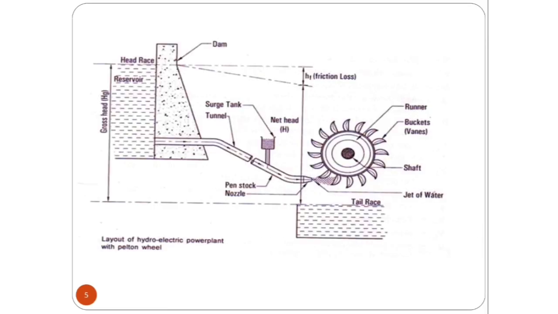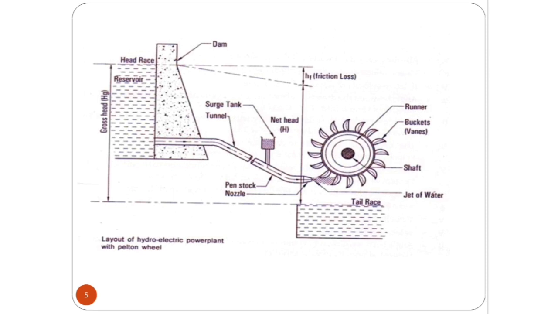So this is how the hydroelectric power plant looks. Here you can see a dam is constructed across this flow. It created a reservoir with this much head. Here this is called a penstock, which is used to carry the water from this reservoir to the place of the turbine.